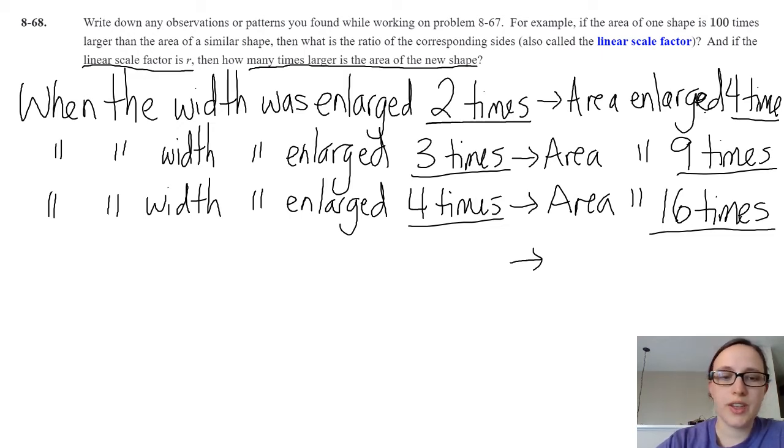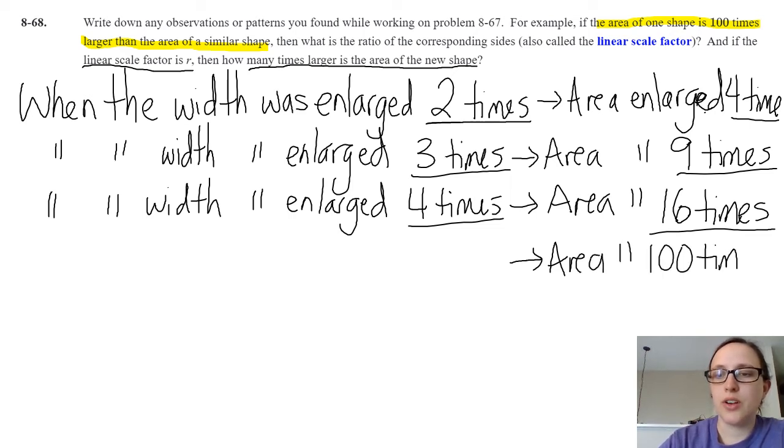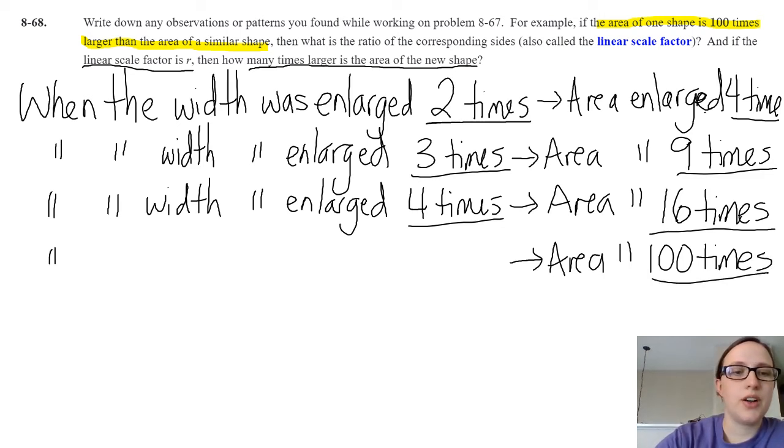All right, so if we know that the area of one of our shapes is 100 times larger than the area of a similar shape, so that's going backwards, we know that the area is 100 times larger, then we need to figure out what the width was enlarged by.